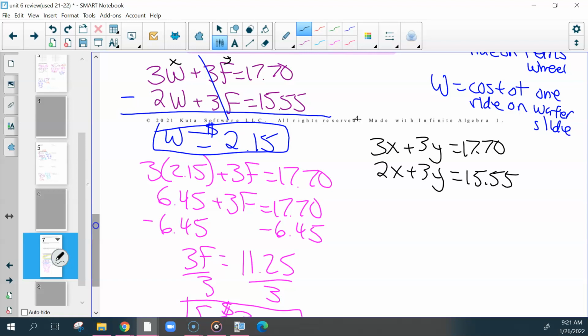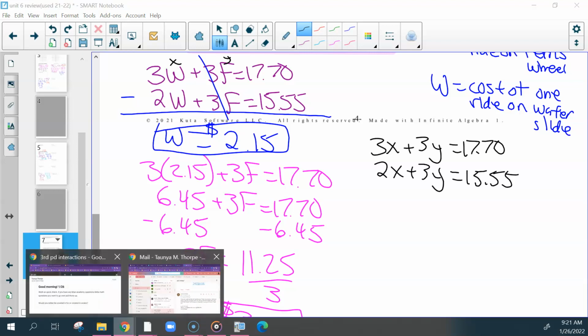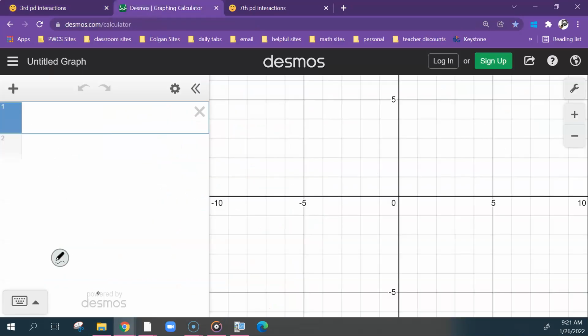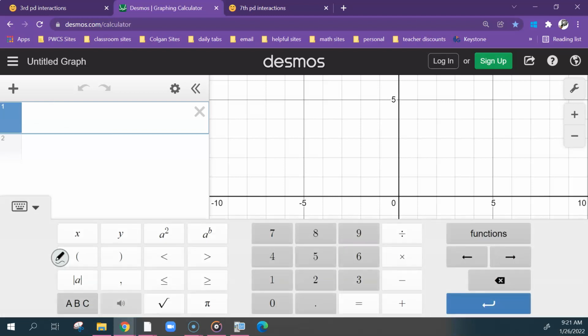If you have problems like this, I would say don't worry about putting it in the calculator, just use Desmos. Because then you wouldn't need to change these both to slope intercept form, or worry about decimals and things like that. So in Desmos, I would put those two equations.